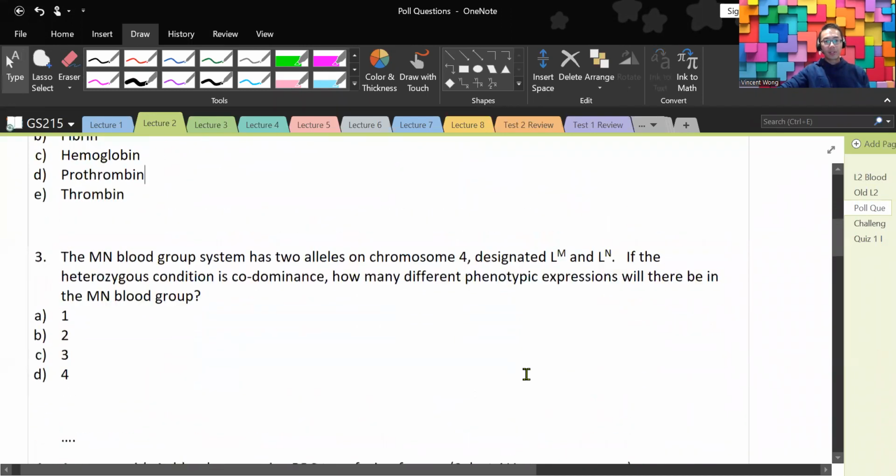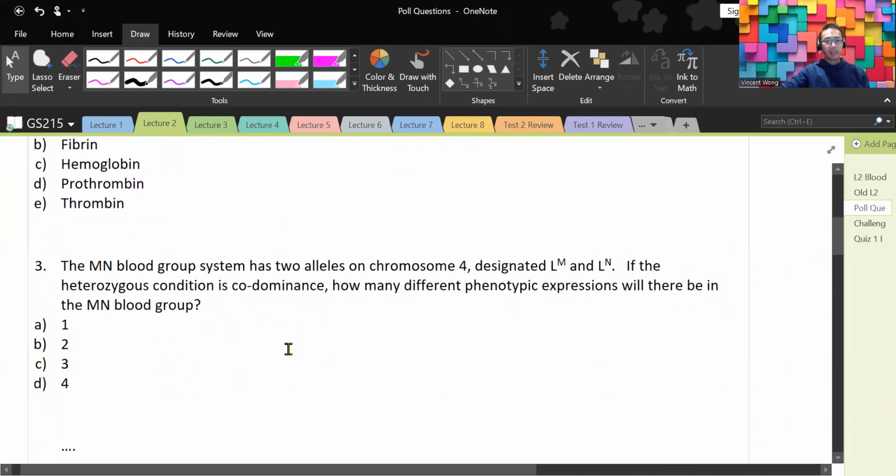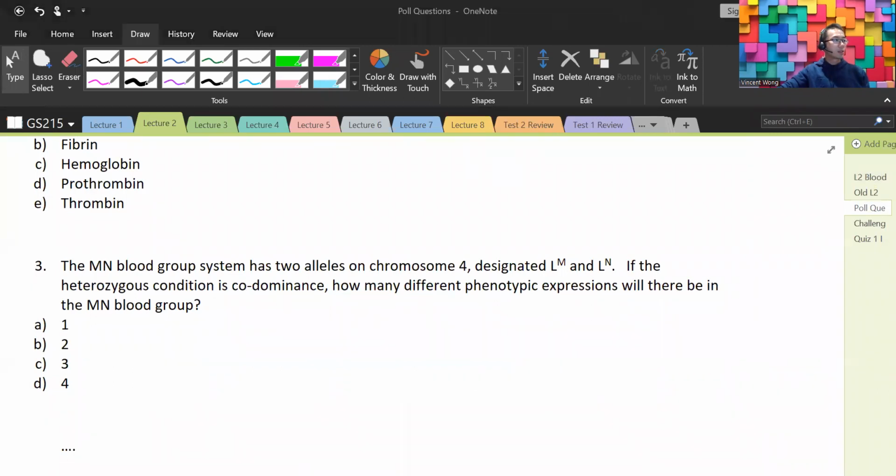Now this one is challenging, and make sure you understand it. You probably will see it on the quiz.